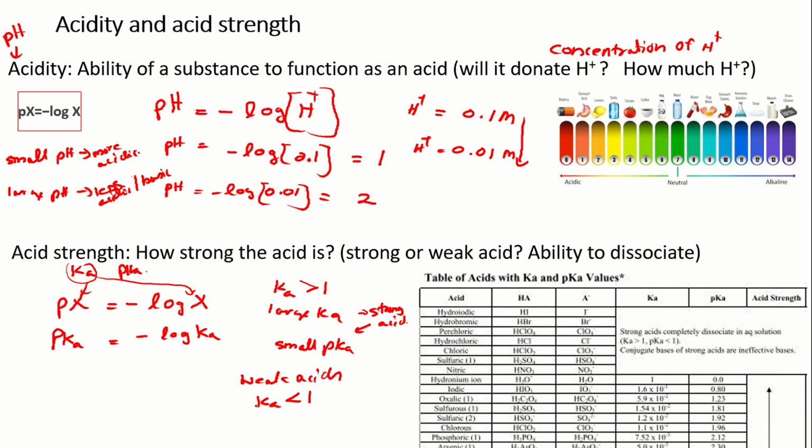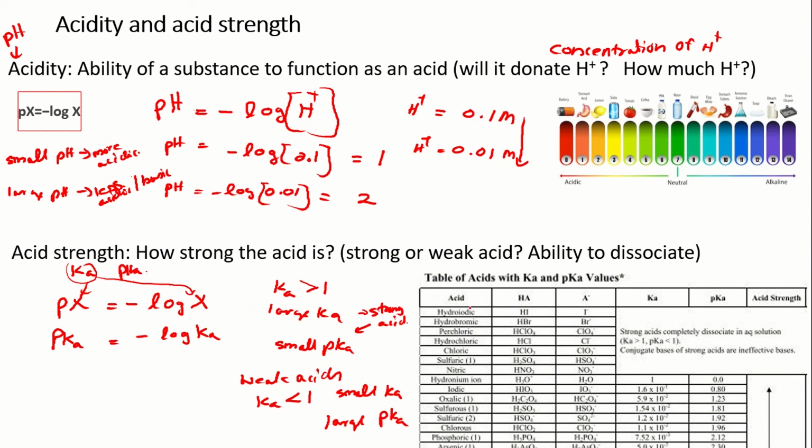And when your Ka becomes smaller, when you take the negative log of a small number, your answer is going to be large. So weak acids will have small Ka but large pKa. Now comparing the relative pKa or Ka values, you can directly say whether an acid is strong or weak.